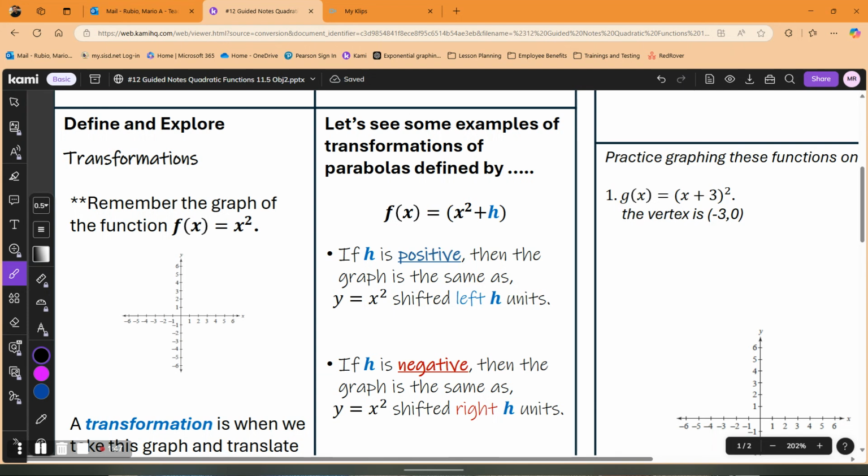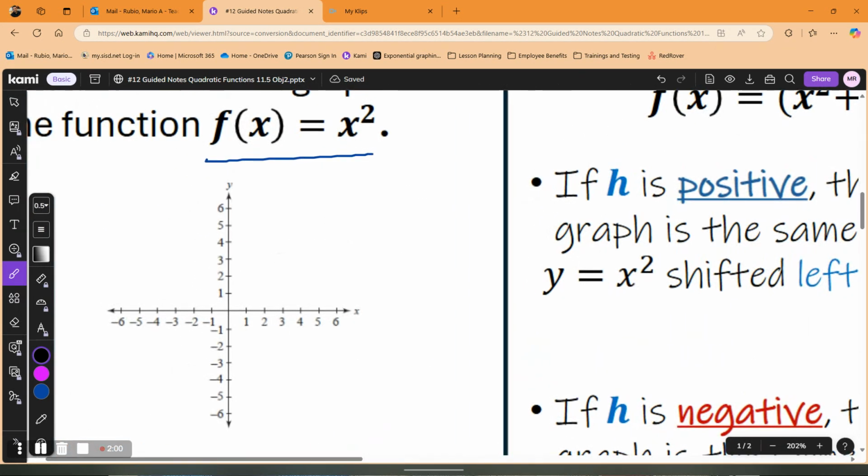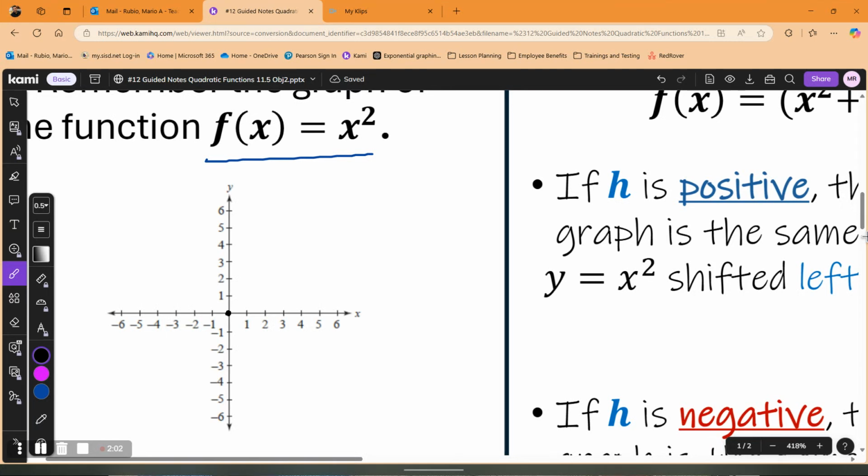Let's define and explore transformations. What is that? We kind of need to define the word transformation so we can know what we're talking about. Do you all remember the graph of the function f of x equals x squared? That's what we covered Monday during my last week. You're going to have an x and a y table.